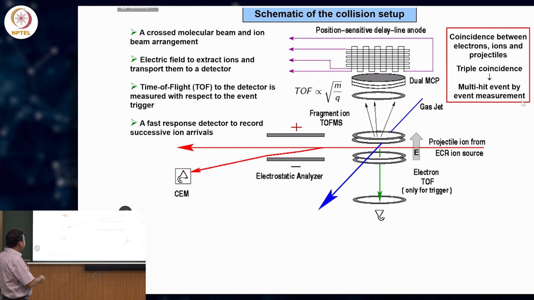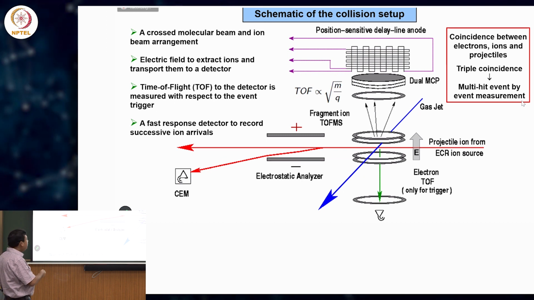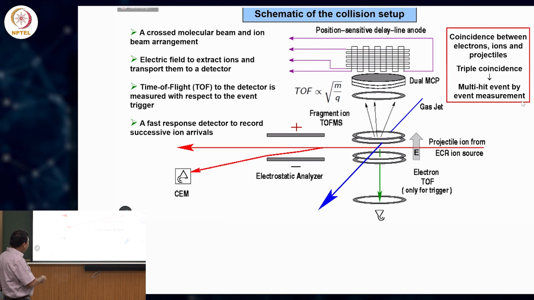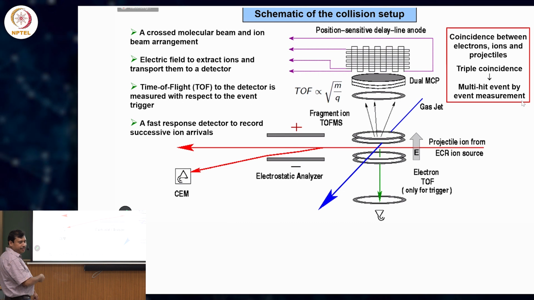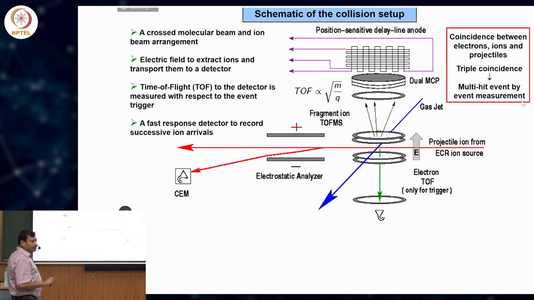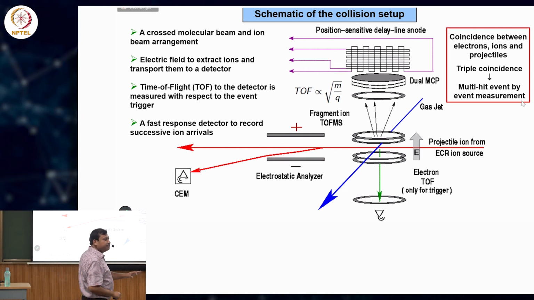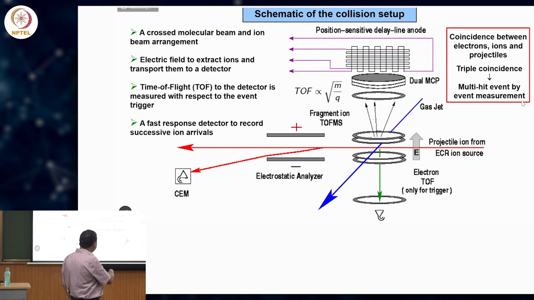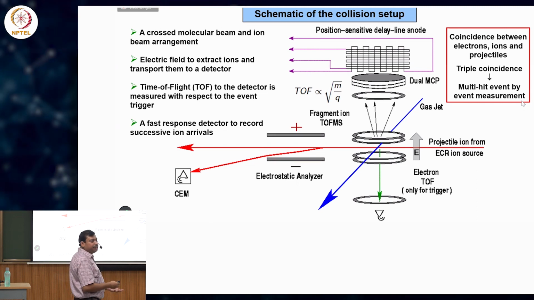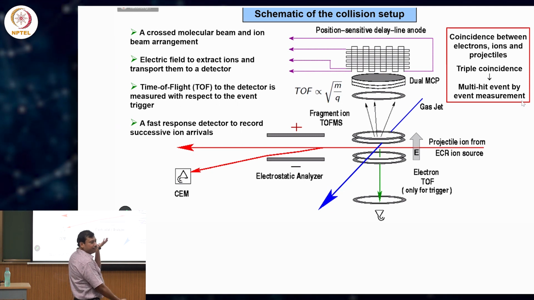Now you see, this is a time of flight where on one side you extract the fragments. So you can call it a fragment time of flight mass spectrometer. The other direction is the electron time of flight, because the electron has to go in the other direction. This electron comes so fast, probably reaching in tens of nanoseconds, that even if this electron has an energy structure to it, you cannot really separate it out in that very small distance.